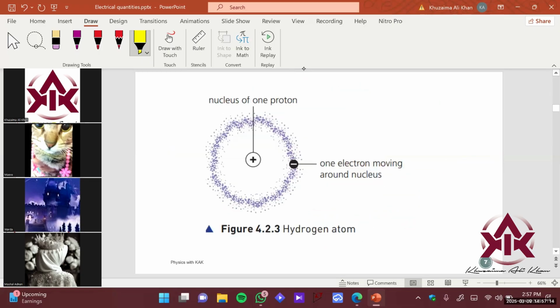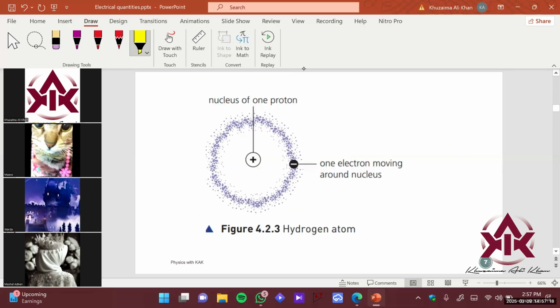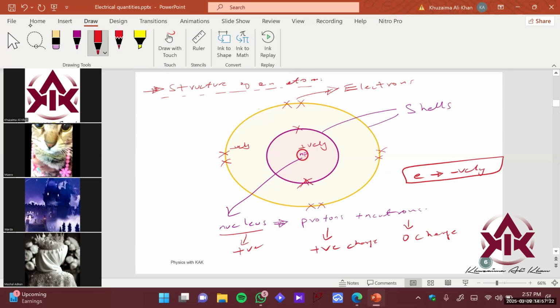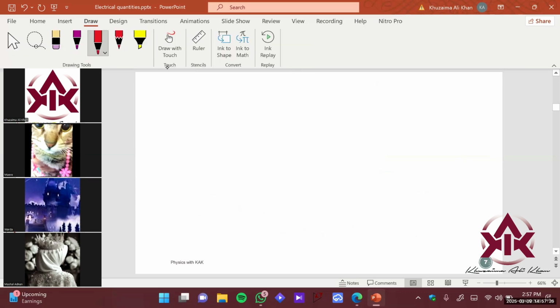So just a small concept here. Let me give you an example before this. Imagine that you have helium, and you know how to find the number of protons and electrons for a helium atom, right?